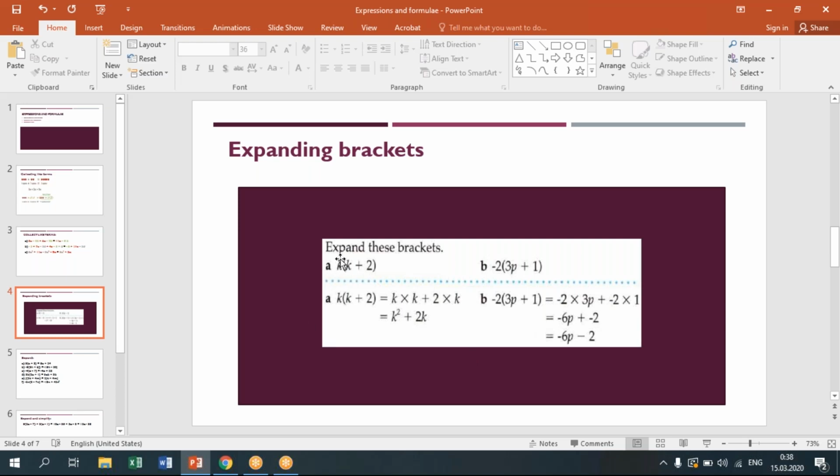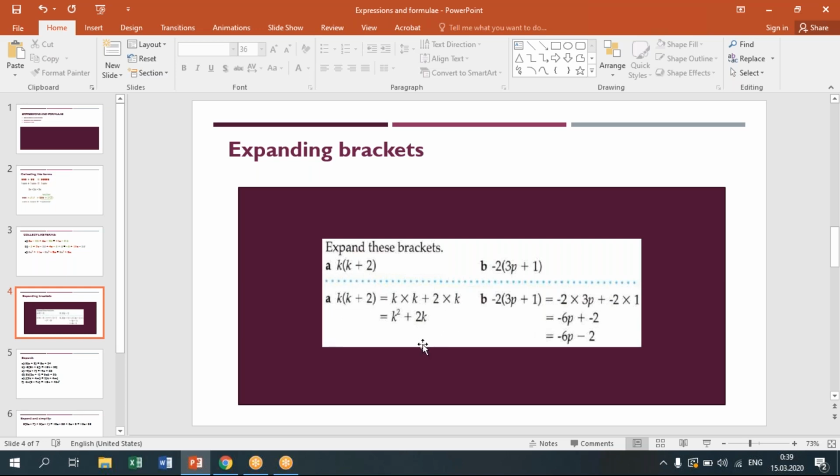Like in example A, k multiplied by k plus 2 in the brackets. Between k and k plus 2 in the brackets, we have sign multiplication. You can see here, k multiplied by k plus k multiplied by positive 2.